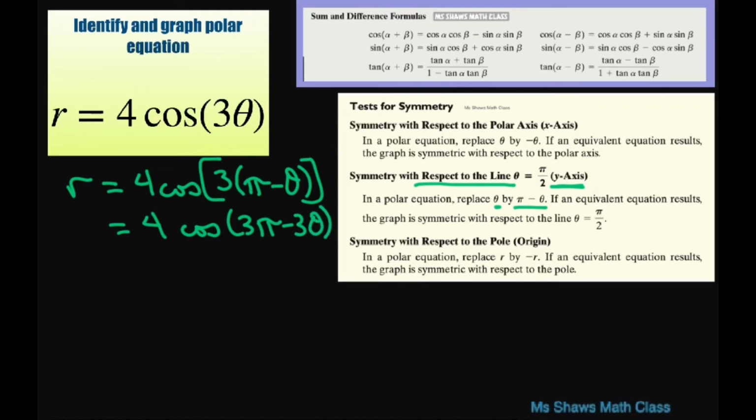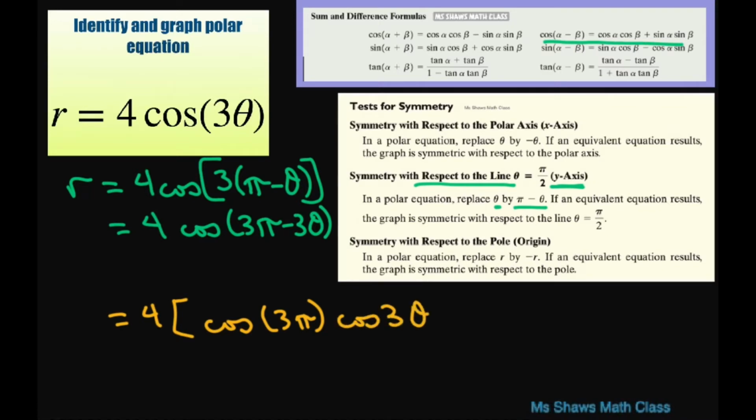Using my difference formulas for cosine, I'm going to expand this, and this is going to equal 4 times cosine of 3 pi times cosine of 3 theta plus sine of 3 pi times sine of 3 theta.